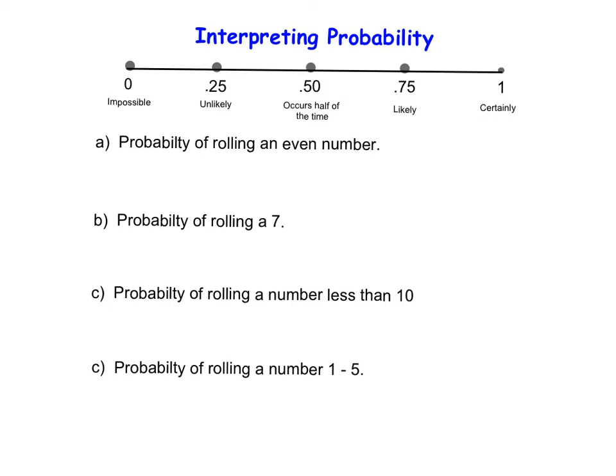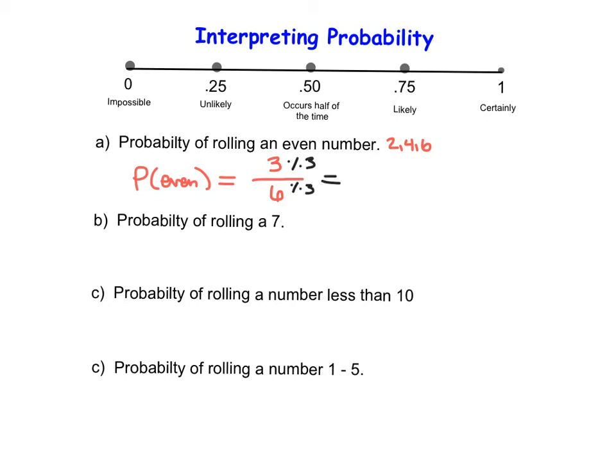So this first one here says the probability of rolling an even number, and we're going to assume that we have a regular 6-sided dice. So the probability of rolling an even number, remember even numbers on our dice are 2, 4, and 6. So there are 3 favorable outcomes and there are 6 total outcomes. So there's our probability statement there. Now we can simplify this a little bit.